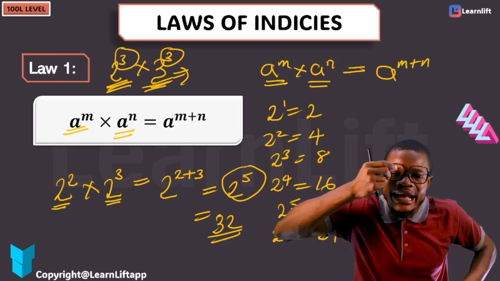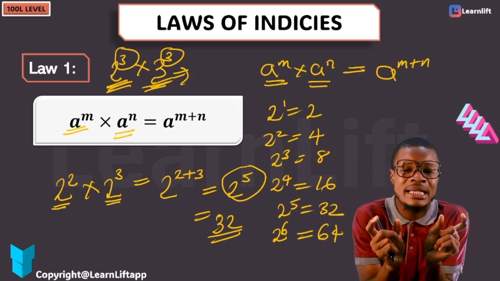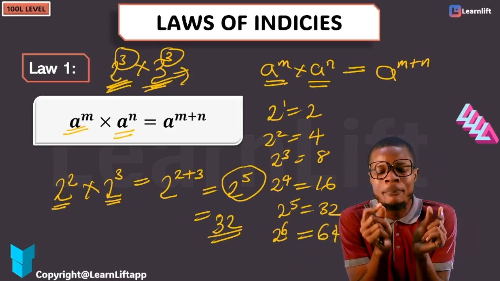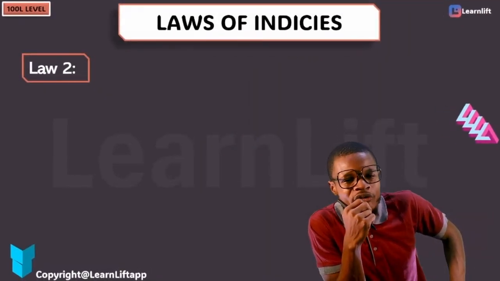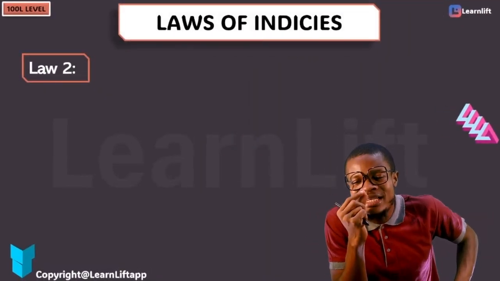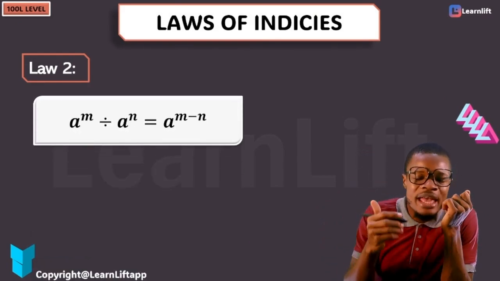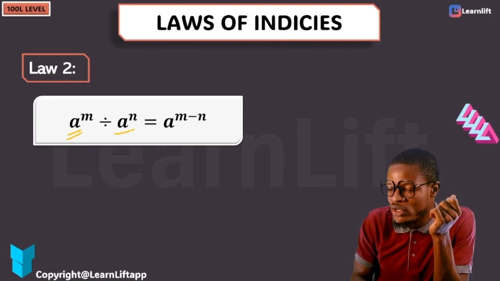Let's look again at the first law that governs indices. We said that the first law is to check out their bases. If their bases are the same, and what is linking them is multiply, you pick one of the bases and then add their powers together. Look at the second law very fast, law 2. We have a raised to the power of m divided by a raised to the power of n.